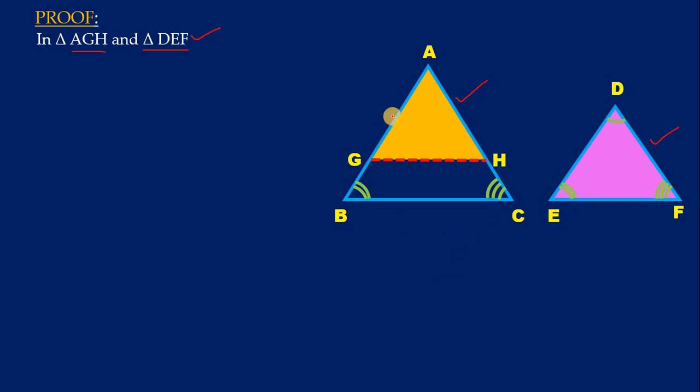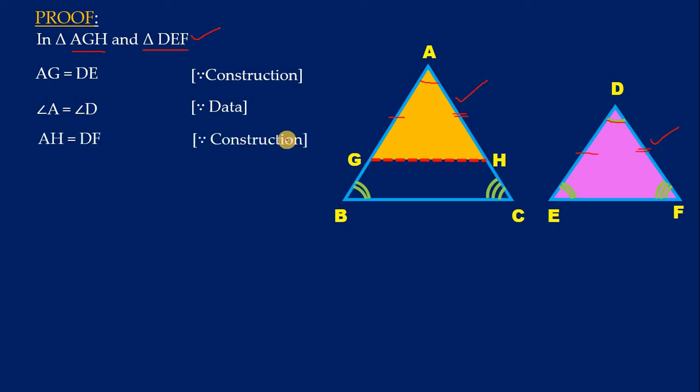So first I can write AG equals DE because construction is the reason. And next, you know that angle A equals angle D because these are corresponding angles that they have given in data. And next, AH is equal to DF. Why? Because construction is the reason.